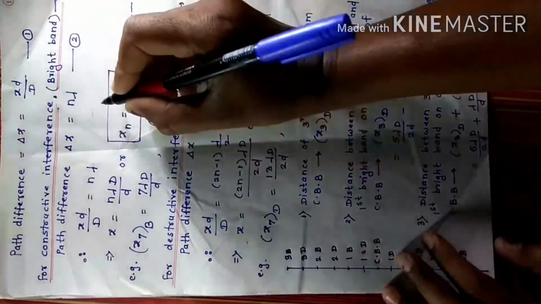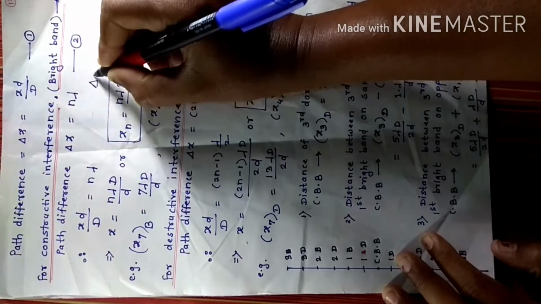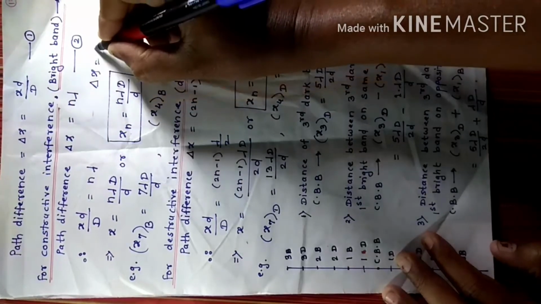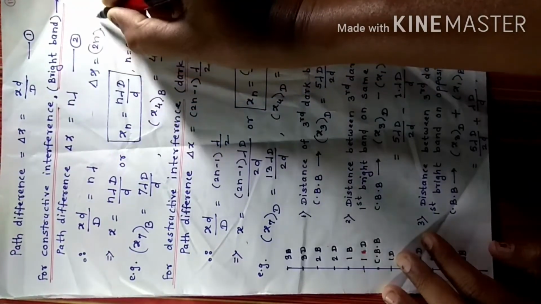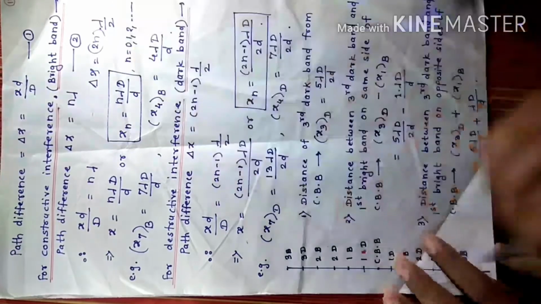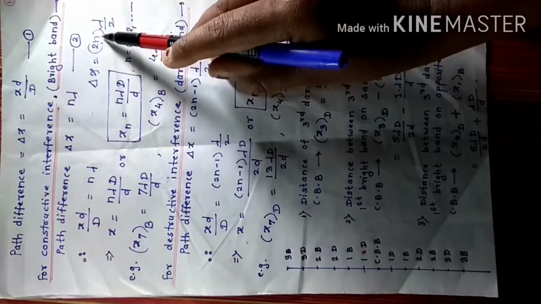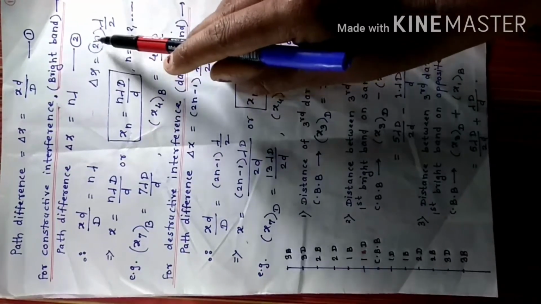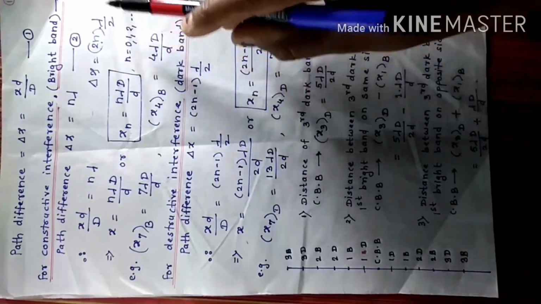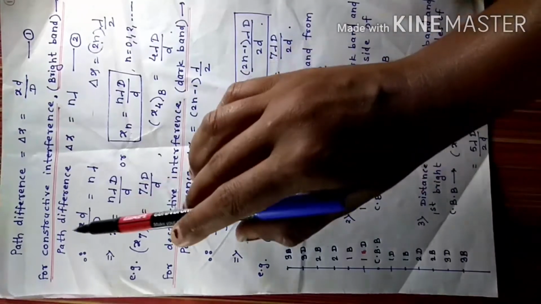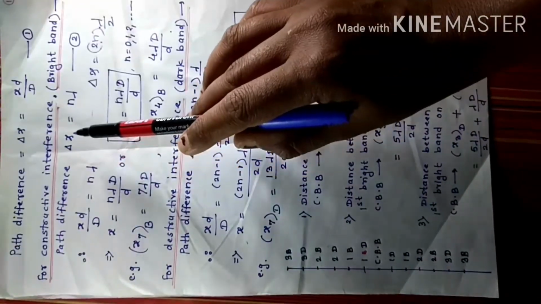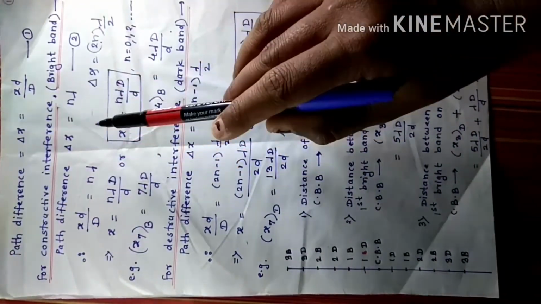The same condition we can write as delta x equals twice n times lambda by 2, where twice n is an even integer. So the path difference delta x equals n lambda.